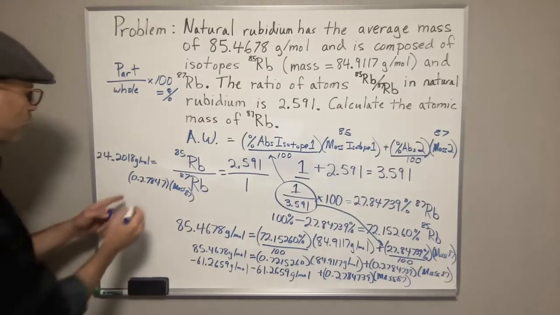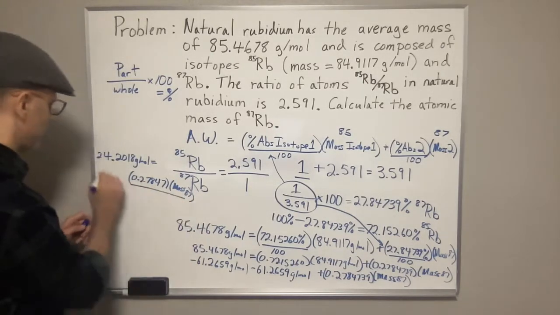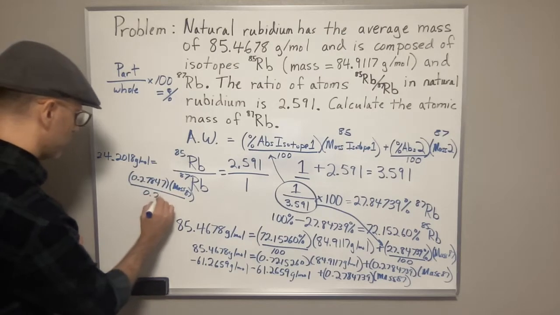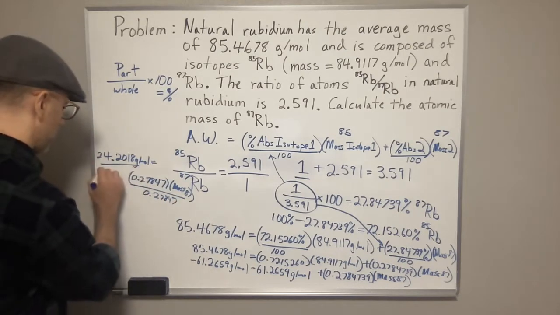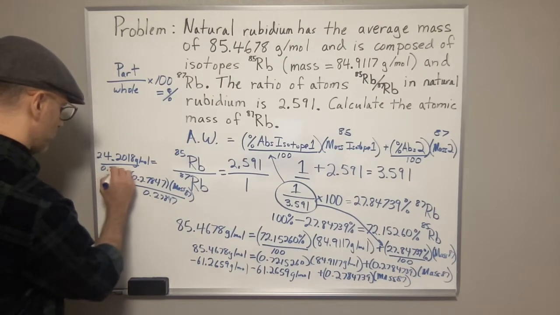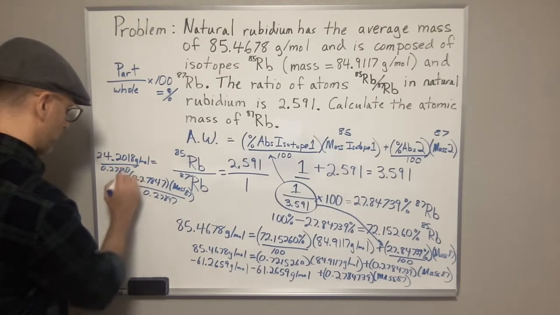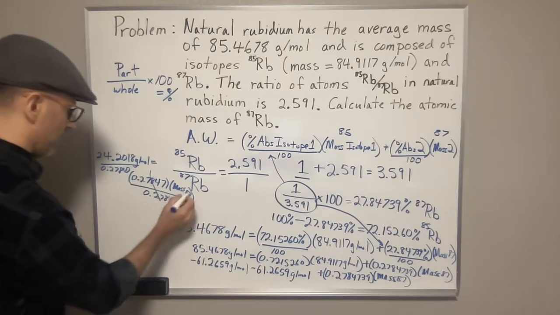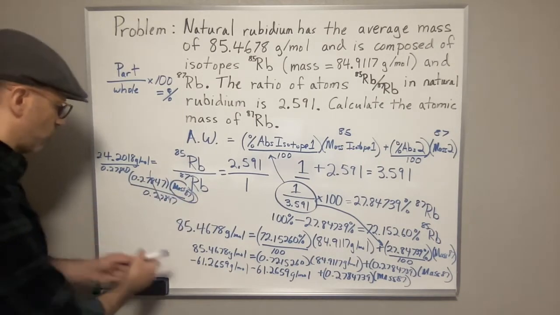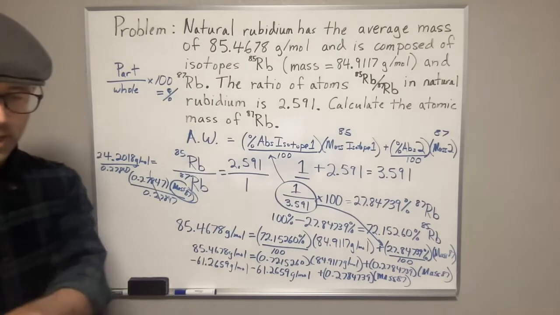So now all I need to do is divide both sides by 0.27847. I divide both sides by that. And then I get the mass of 87 by itself.